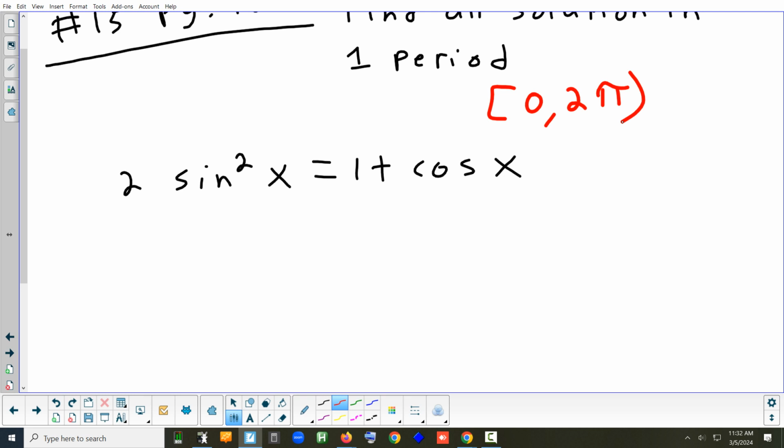Subtract 1 plus cosine x. Sure. Yep, you could subtract the 1 plus cosine x. So I'm going to subtract the 1, and I'm going to subtract the cosine x. And that's the only extra step to this problem.